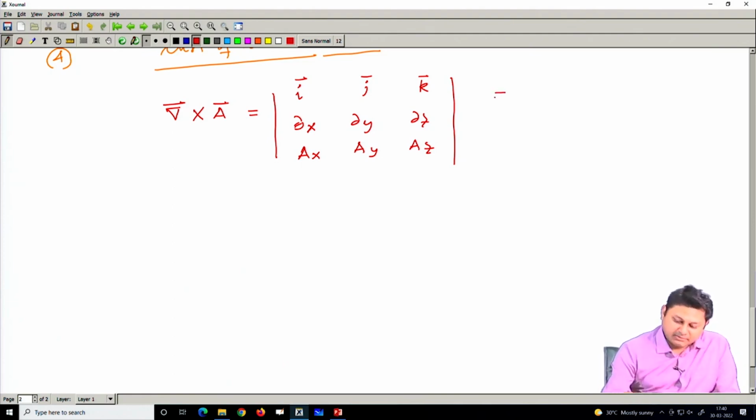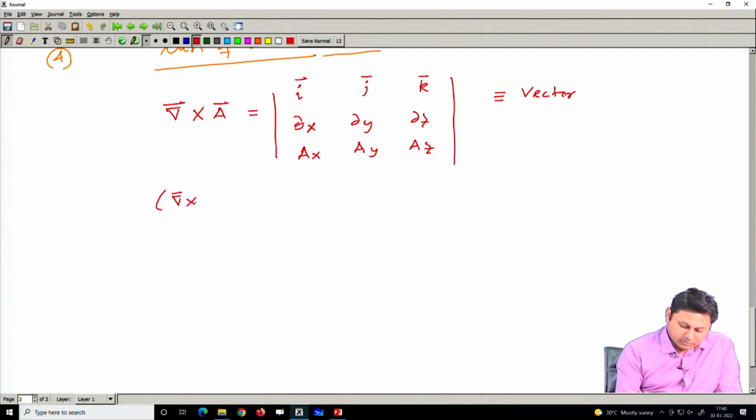Mind it, this is a vector quantity, and component wise if I want to find out what this is, the ith component of this is simply epsilon_ijk del A_k del x_j.